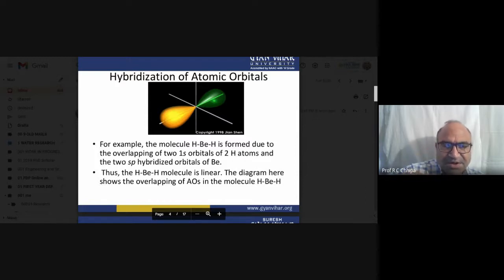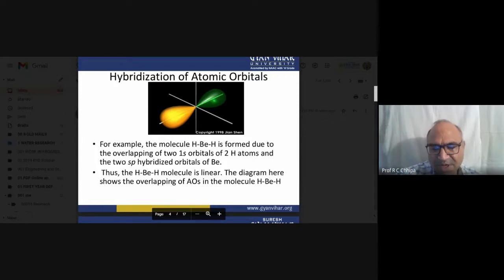That electronic configuration of beryllium is 1s2, then in the second shell 2s1 and 2px1. So here in the second shell of beryllium, the 2s atomic orbital is spherical in shape, and the 2px atomic orbital is dumbbell shaped.